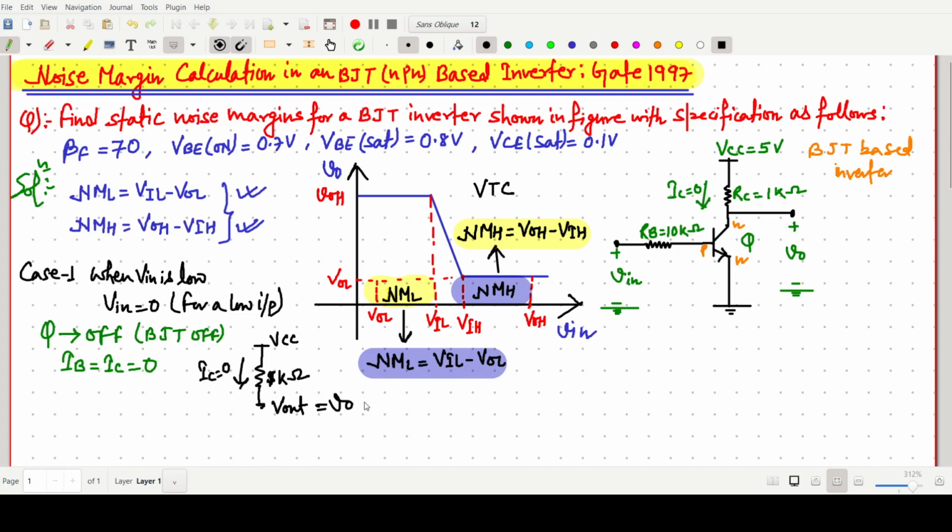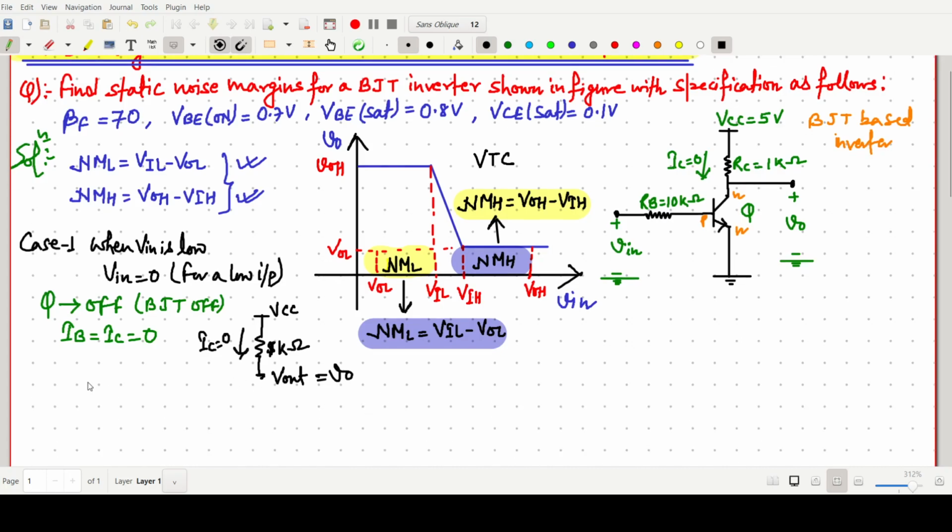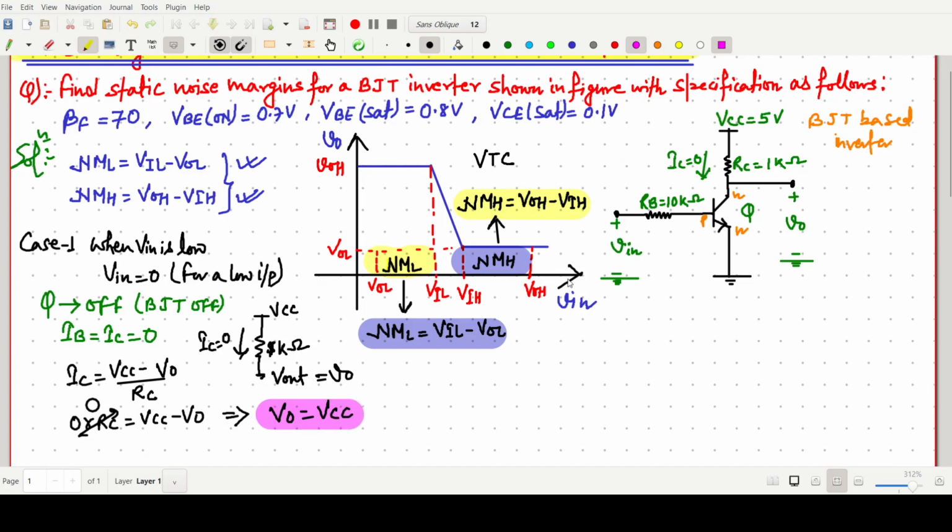In this situation, the IC value is VCC minus V naught by RC, and IC is 0. So IC into RC gives VCC minus V naught equals 0. It will give the value of V naught equals VCC, because this term will be 0, that is our 5 volt.